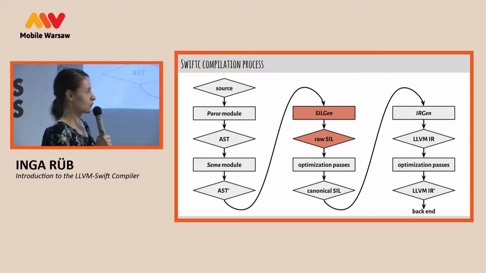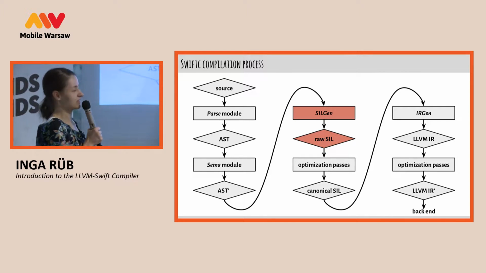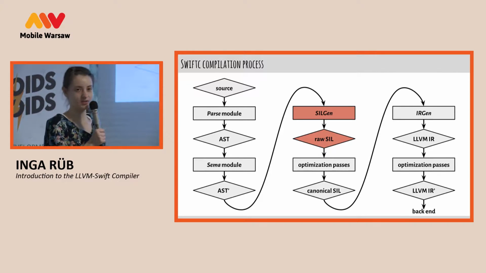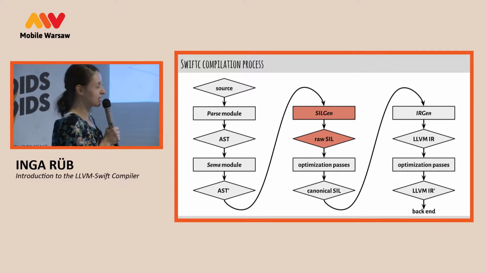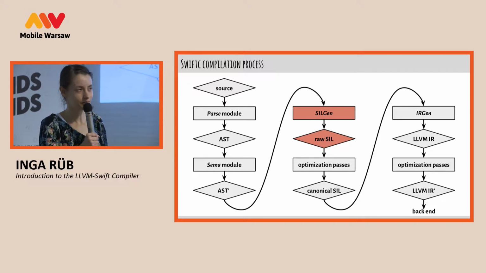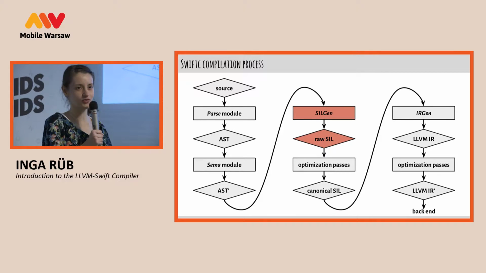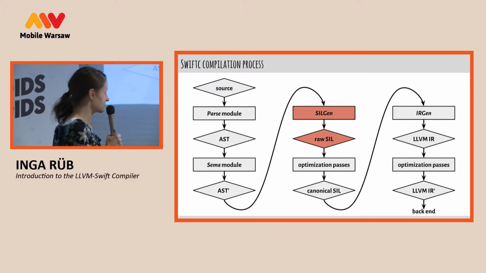We couldn't do so with the intermediate representation. So what we have here is now the SIL generator. SIL is the Swift intermediate language, and this language allows us to represent code written in Swift so that the compiler can understand and retrieve some information and optimize it.